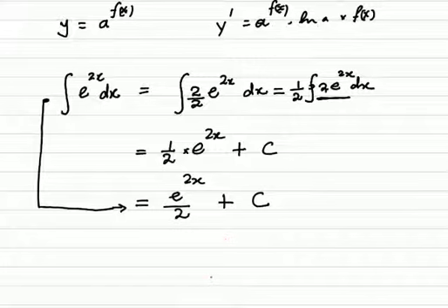That's how we are going to integrate this kind of function. It's very important to know how to integrate this exponential function, because when we get to complex Fourier series, we'll be constantly integrating exponential functions.